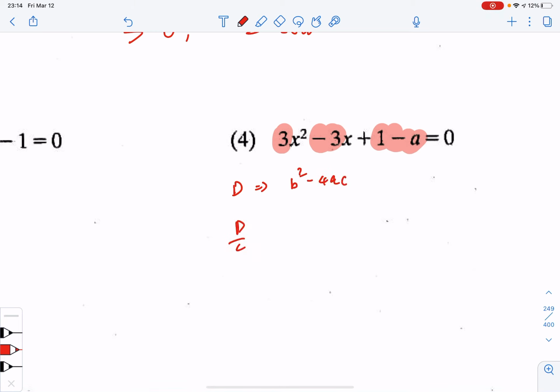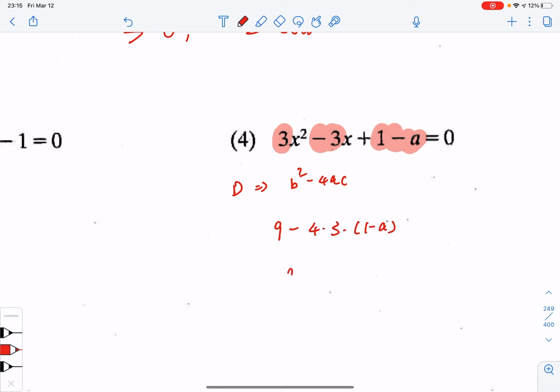If I'm using D over 4, it will be B prime. What is B prime in this case? B prime is negative 3 over 2. I hate that, I don't want to use negative 3 over 2. I just want to be using the whole number here. So it will be 9, which is minus 3 to the power of 2, minus 4 times 3 times 1 minus a.